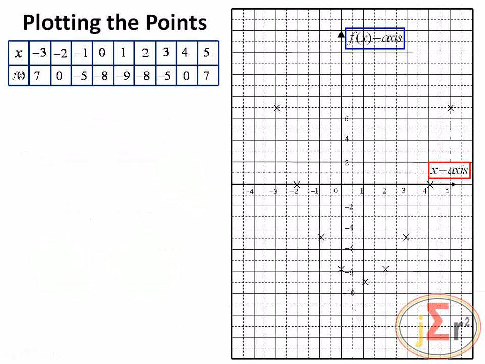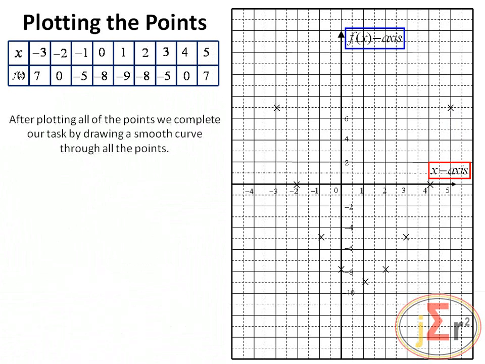Therefore, we are ready to draw our curve or to graph the function. After plotting all of the points, we complete our task by drawing a smooth curve through all the points. There you have it, your smooth curve, as smooth as can be.